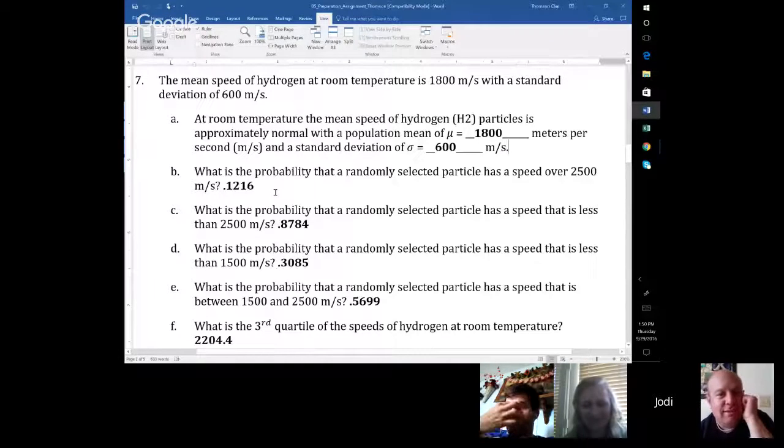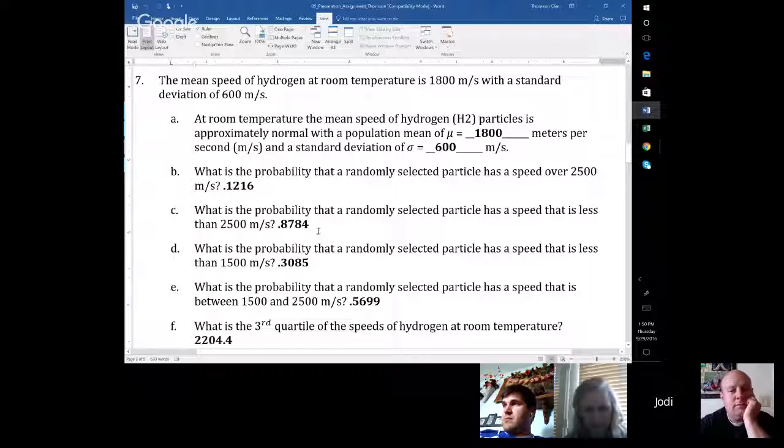We all understood how to get the probability. Yeah. Then you have the speed over and under. What is the probability that a randomly selected particle has a speed that is less than 1500? We got that part, the 0.3085. Does everybody understand that? Yeah.